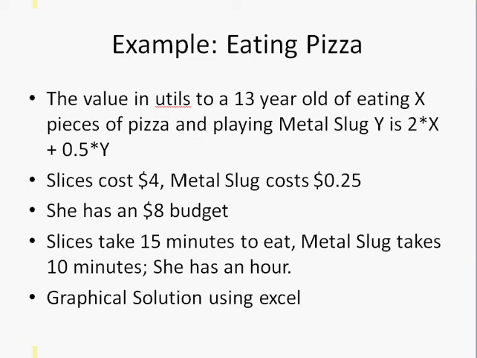Using that, we can assign a function that awards 2 points for every pizza slice eaten and 0.5 points for every Metal Slug game played. Why not 4 and 1? It doesn't matter. The only thing we're using the utility function for is to discuss the relative importance of these two things.